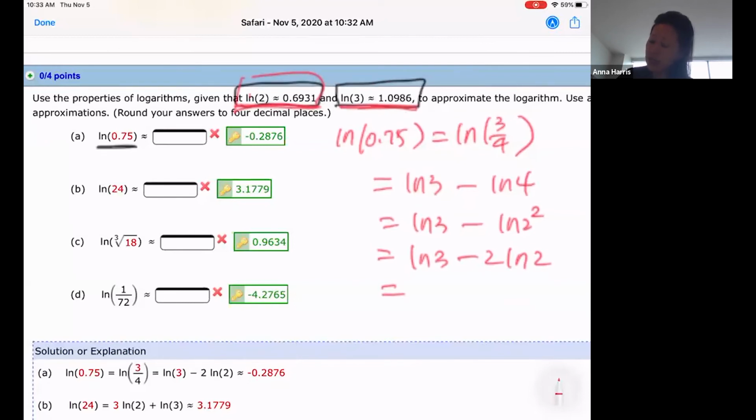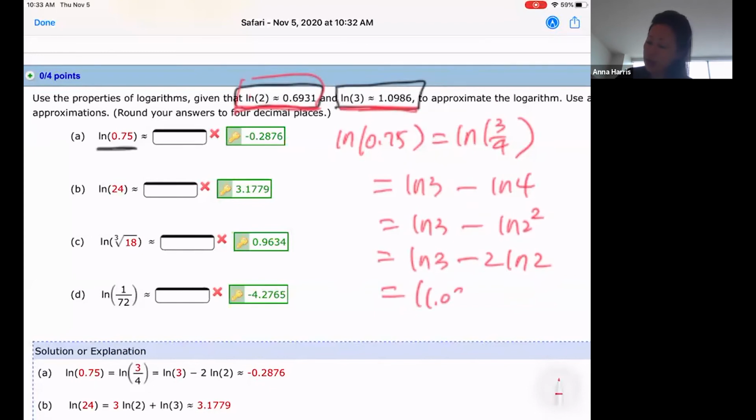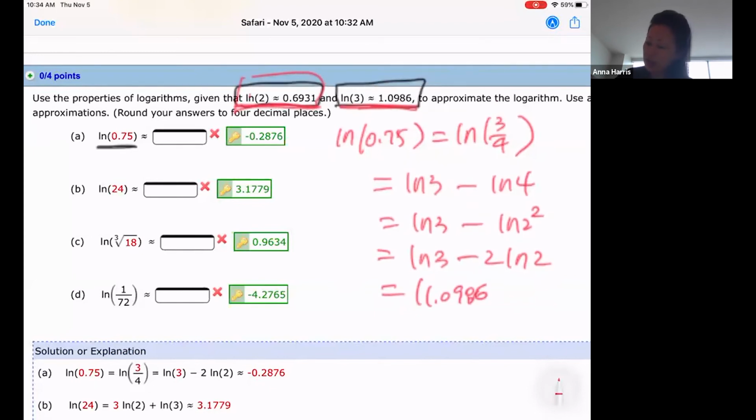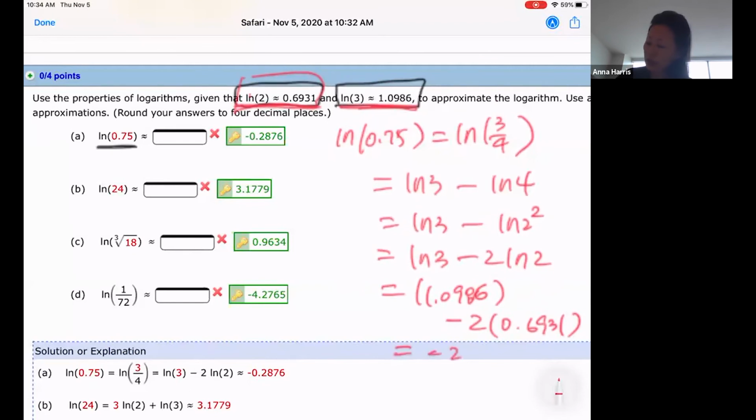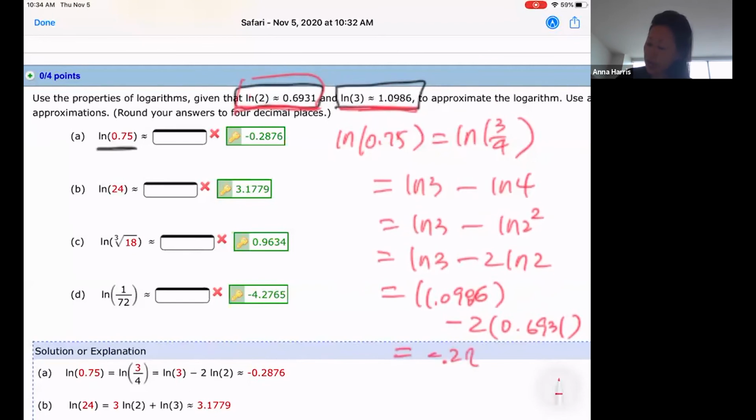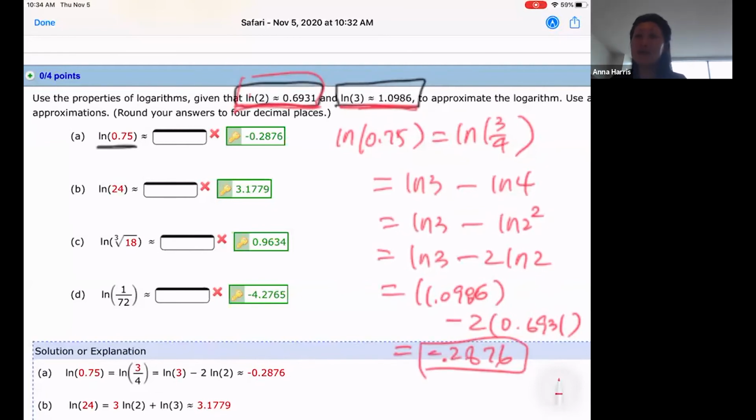So natural log of 3 is the same as 1.0986 minus 3 times 0.6931. And you know that's equal to... that's how you have to do your problem. If you don't, your answer is going to be incorrect.